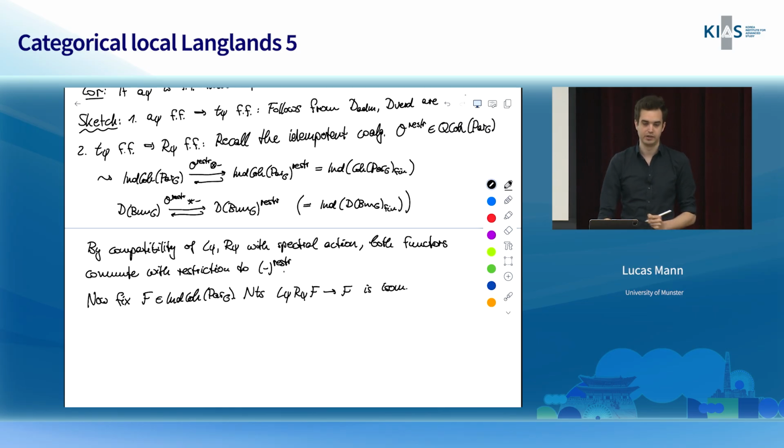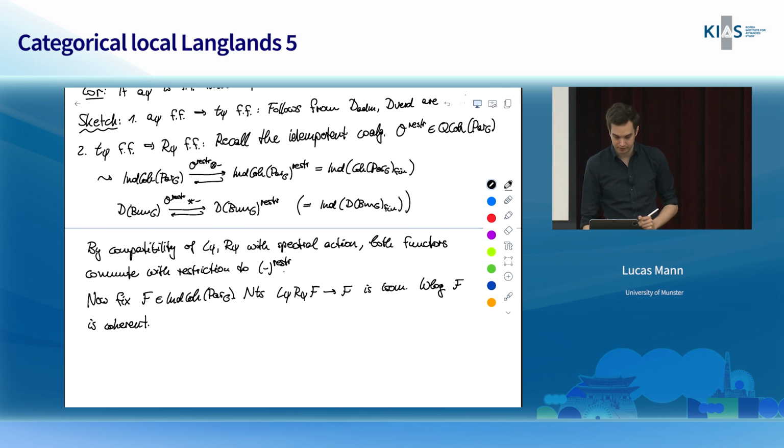Right? This tells us exactly that R psi is fully faithful. And then we already know that R psi preserves compact objects, so we can, without loss of generality, assume that F is actually coherent. And this helps in a second.